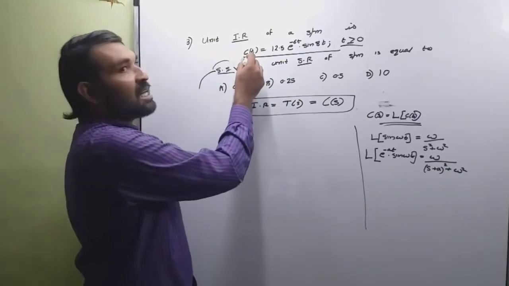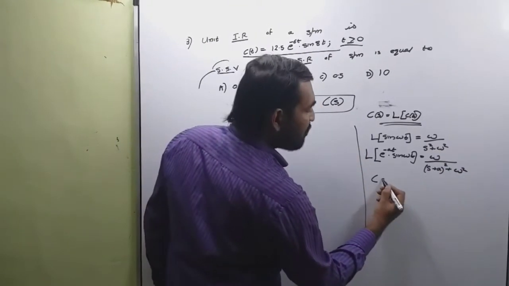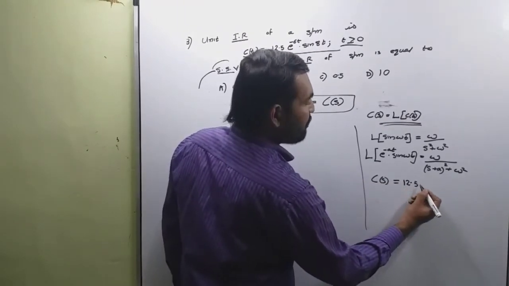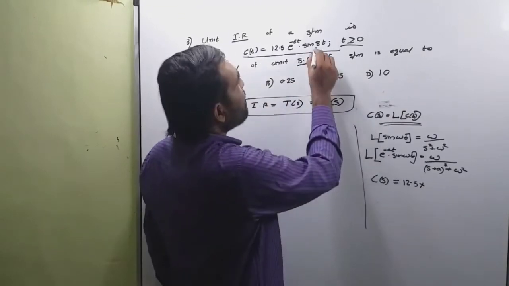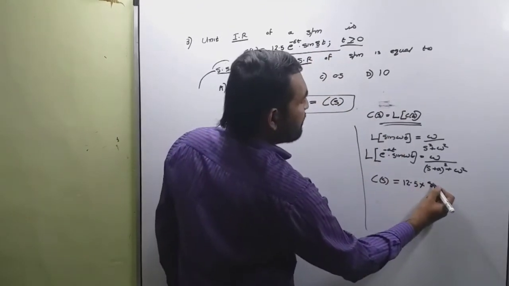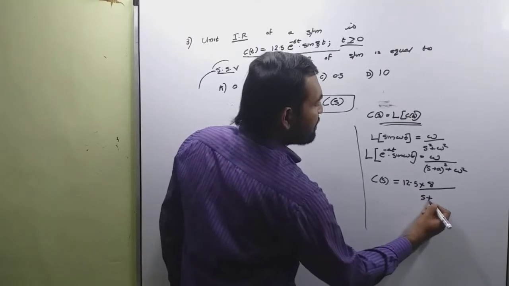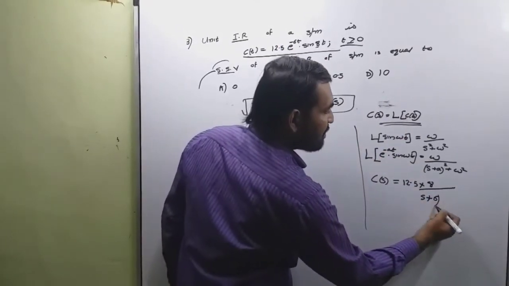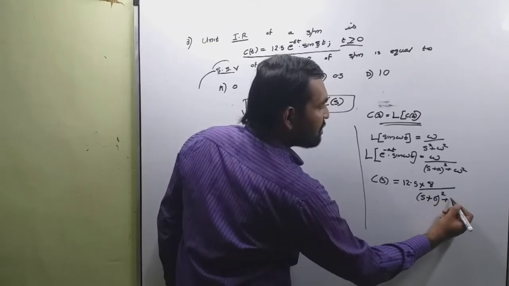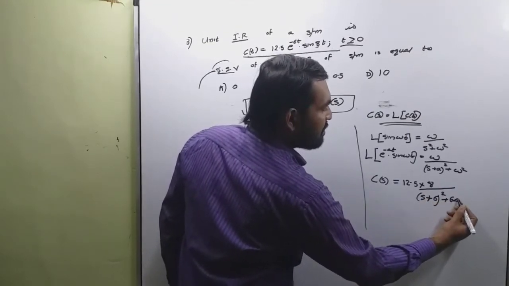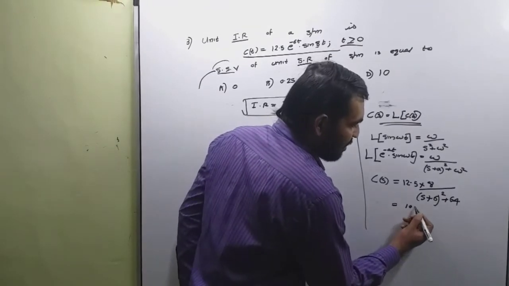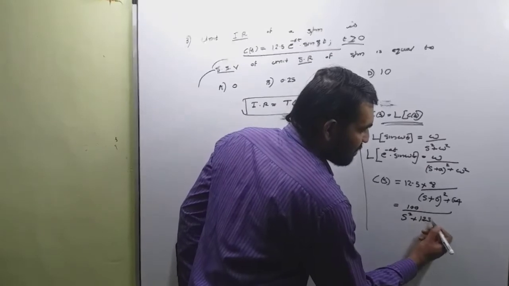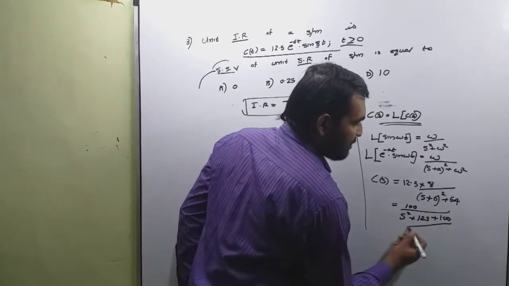So the Laplace transform of c of t, that is C of s, is equal to 12.5 into, here omega is 8, 8 divided by s plus a, a is 6, 6 the whole square plus omega square, that is 64. That is equal to 100 divided by s square plus 12s plus 100.